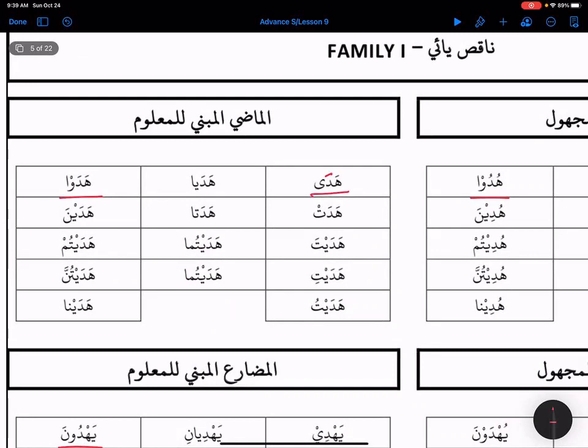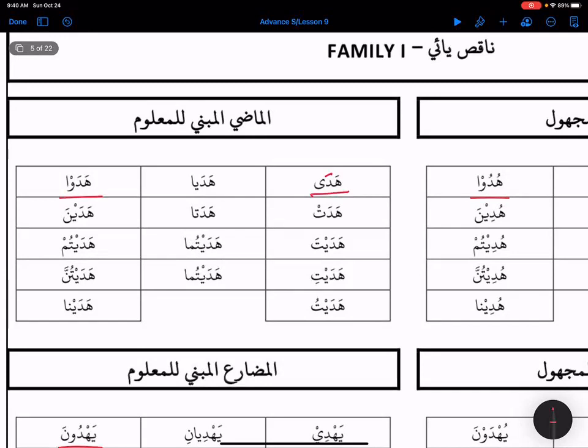Actually here the ajwaf rule is applying. So for dual, the ya will come and the alif we are adding: hadaya. Hada, hadaya, hadaw. Hadat, hadata, hadayna.